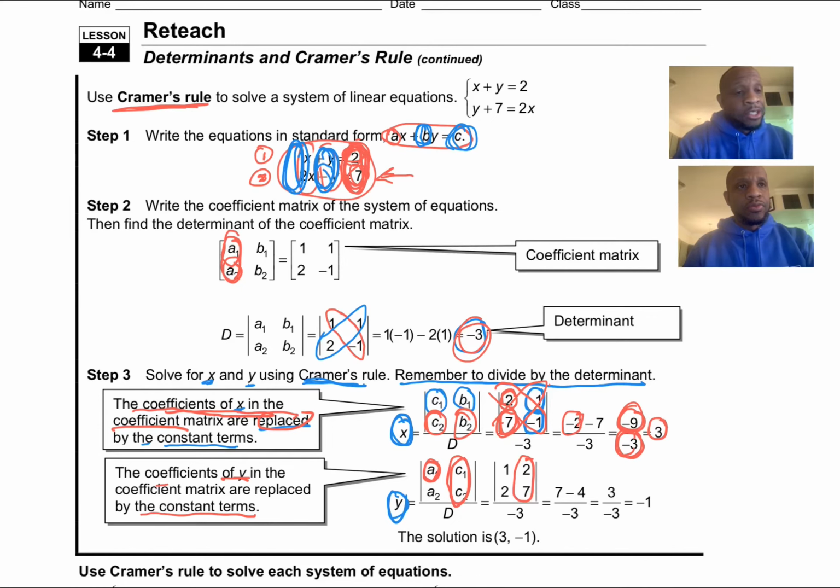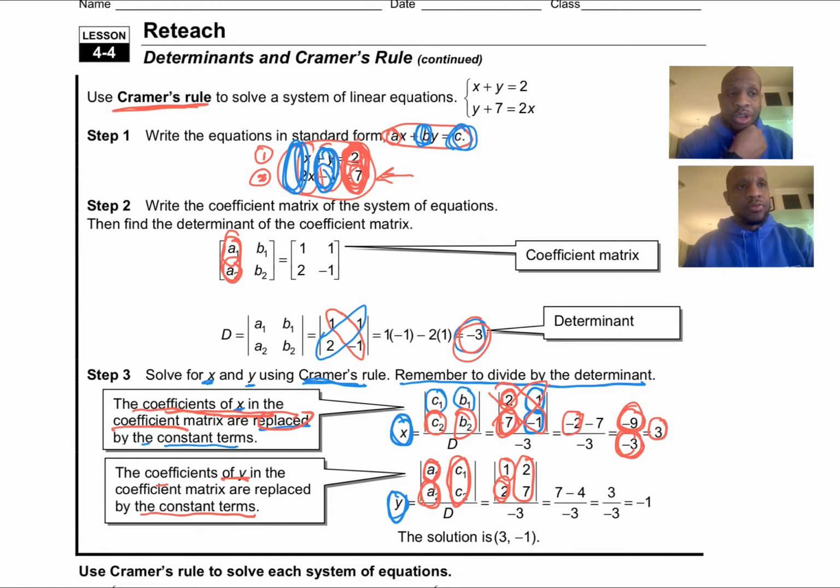So you're going to have 1, which is the A1 coefficient. Then the A2, the coefficient next to the x in the second equation, which is 2. You're going to have that across from 2 and 7.